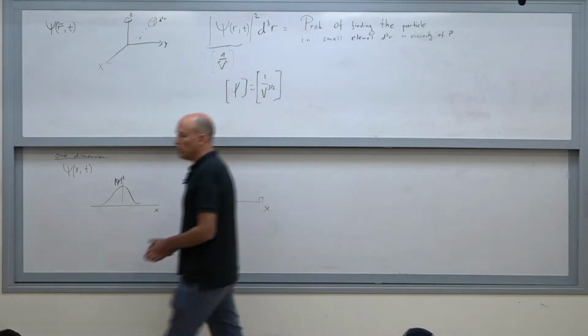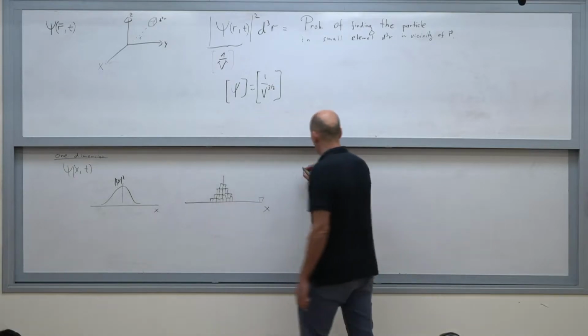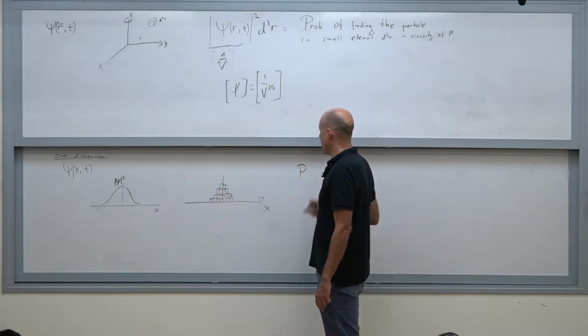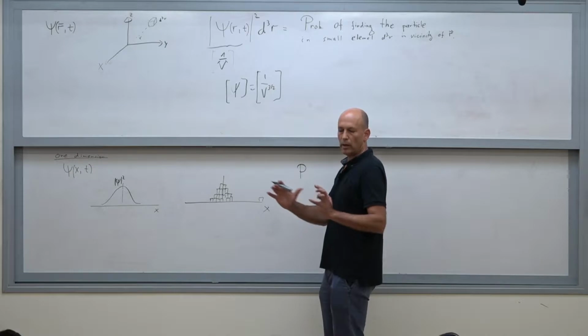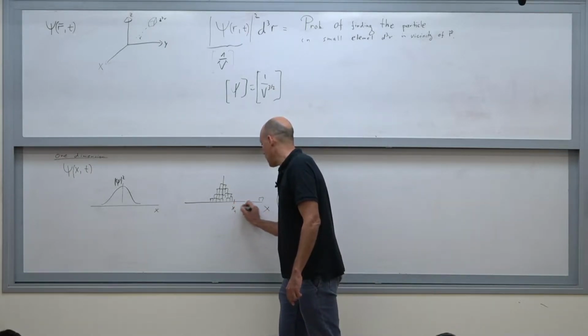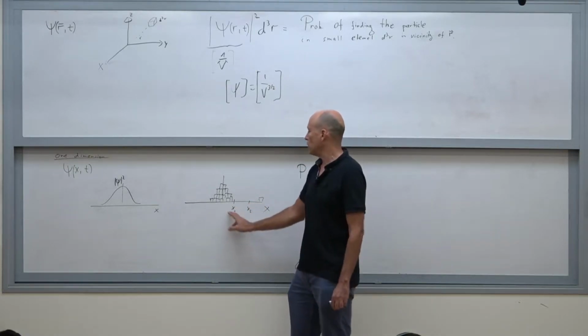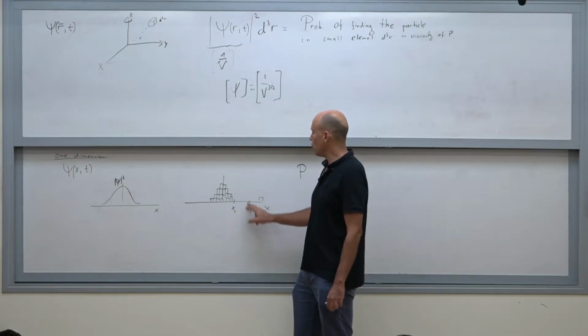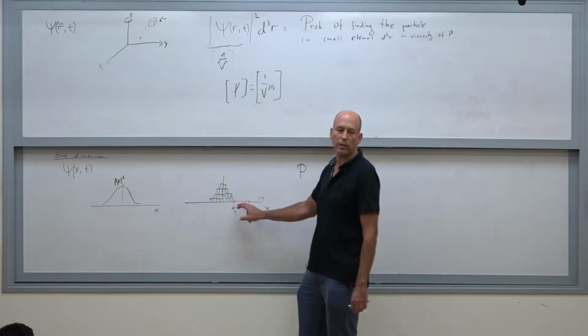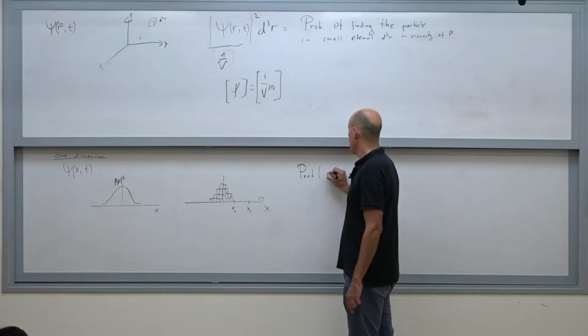Now, given that you have a probabilistic interpretation, I can ask, for example, what is the probability of finding the particle in some finite size, let's say here, between x1 and x2. So the experimentalist says, oh, this is x1, this is x2. I want to know what is the probability of finding the particle in here. So the probability that x in a measurement is between x1 and x2.